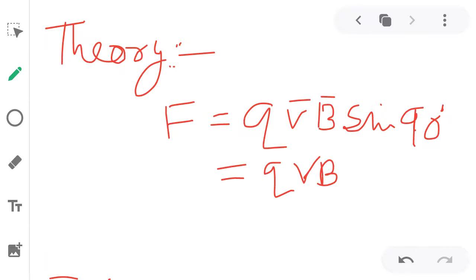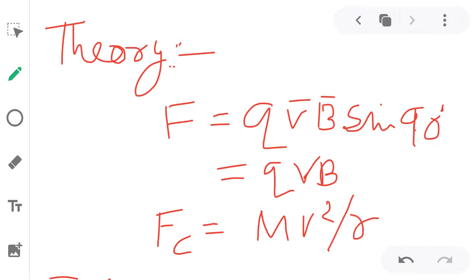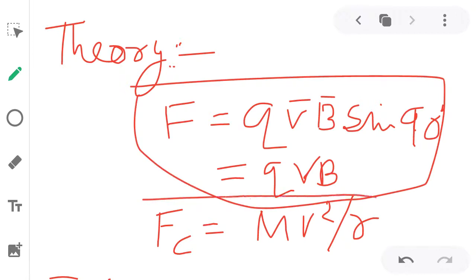Now this force provides the necessary centripetal force. Why do we require a centripetal force? To make a circular path, circular motion is necessary for the charged particle to move in a circular path: mv squared upon r. So this Lorentz force provides the necessary centripetal force.